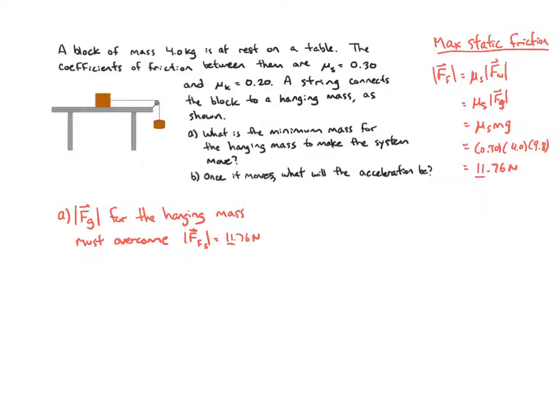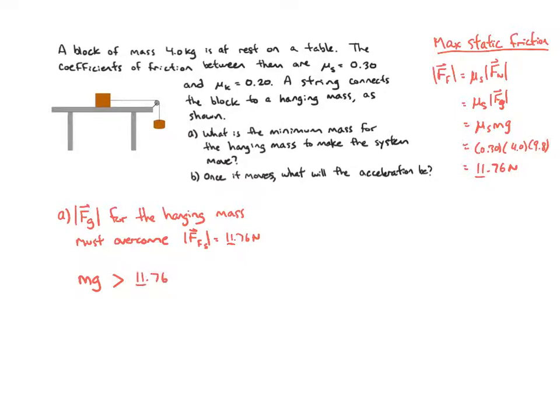All right, so the force of gravity I know is mg. So mg for the hanging mass must be bigger than 11.76.